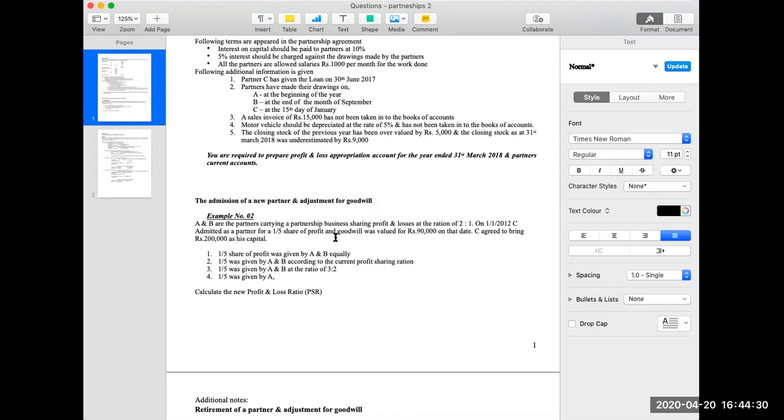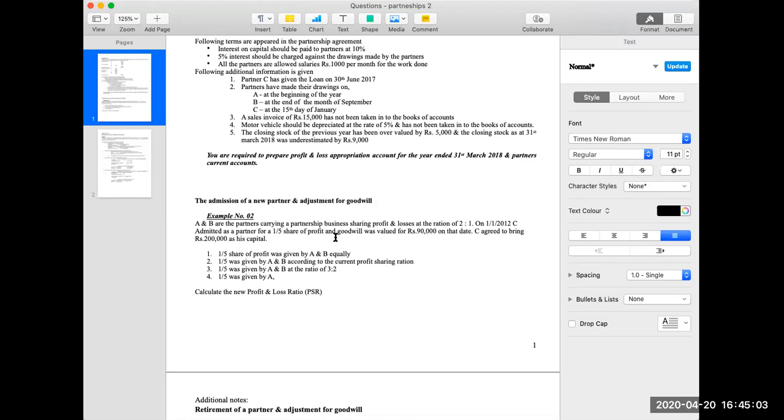For B, we have to deduct 1/10 from 1/3 of his profit share. So you know how to deduct fractions, that is maths. So you deduct the fractions and then you will get A is getting 19 out of 30, B is getting 9 out of 30, and C we know he is getting 1 out of 5.